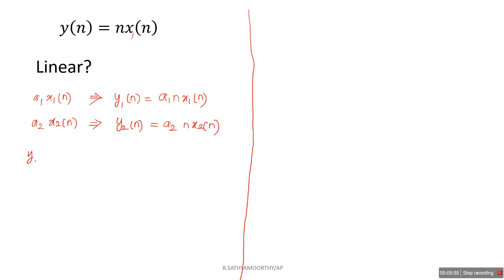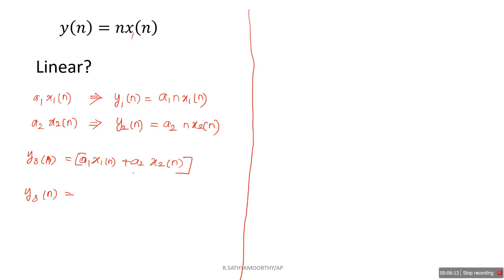Next, I am going to compute the combined response, that is a1 x1 of n plus a2 x2 of n. Now what is the output y3 of n?